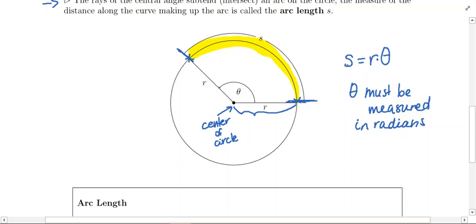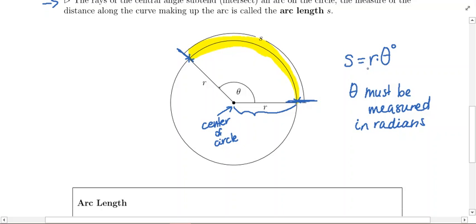This yellow portion of the circle, like I said, if it were a piece of string and you stretched it out and measured how long it was, you're calculating a length of something. You might be measuring it in feet, meters, inches, whatever. So if your angle were measured in degrees, think about your units.